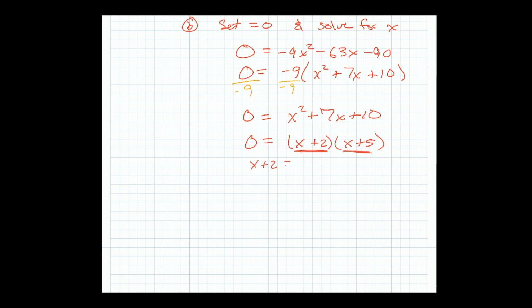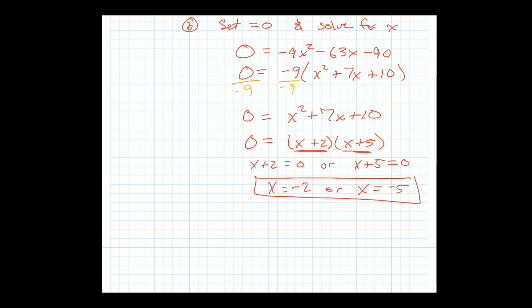So x plus 2 equals 0. And the other one is x plus 5 equals 0. I shouldn't say and, but these are my two solutions. It's one or the other that will satisfy the equation. So x is negative 2 or x is negative 5. Those are my critical points.